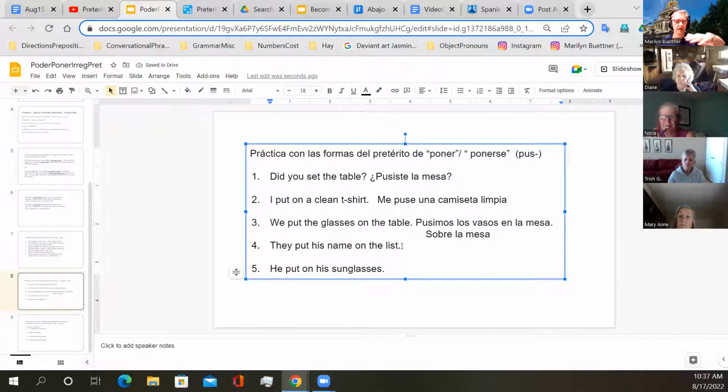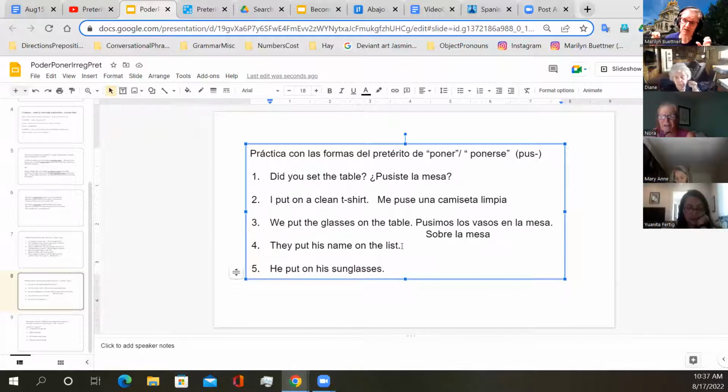Sobre is on, and sobre implies on top of. It is a longer way to say that. The short answer is probably the more common for something like this, but sobre la mesa does work.